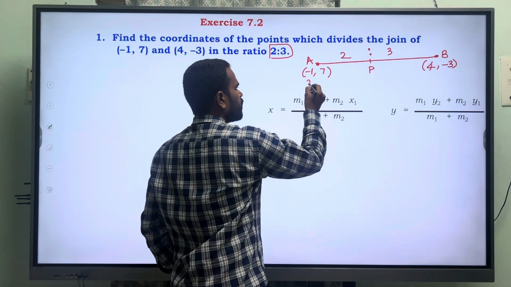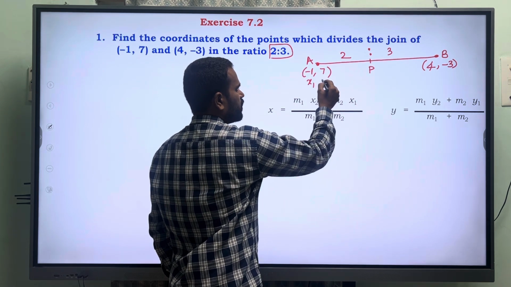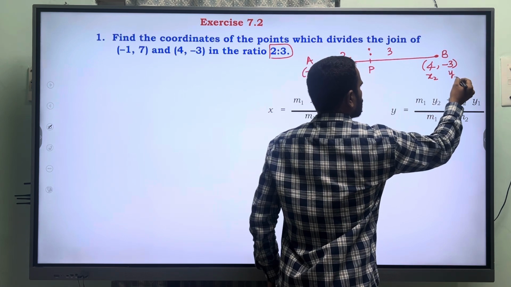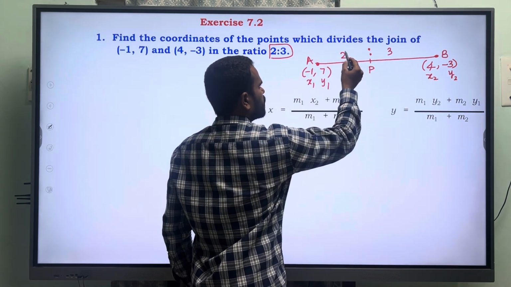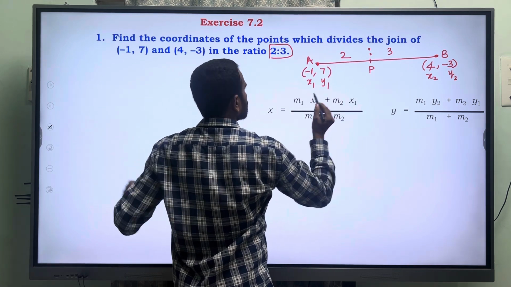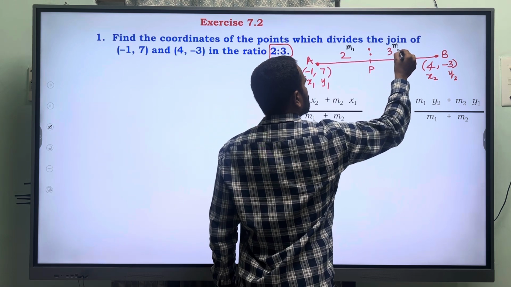So, what is the section formula? Let us give the names x1, y1, x2, y2. This is m1, this is m2.